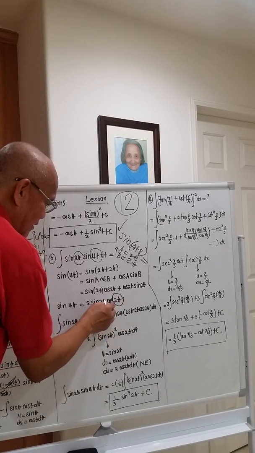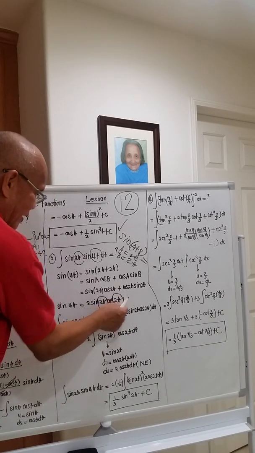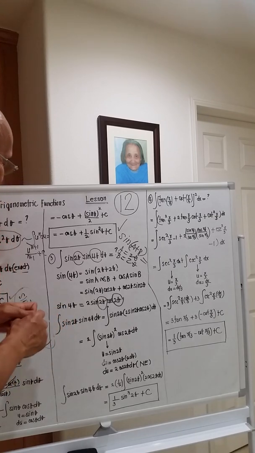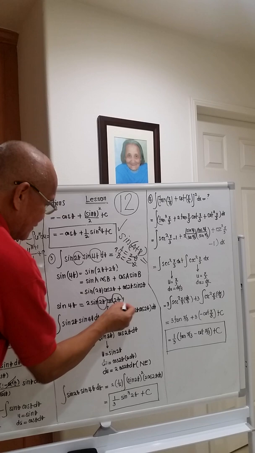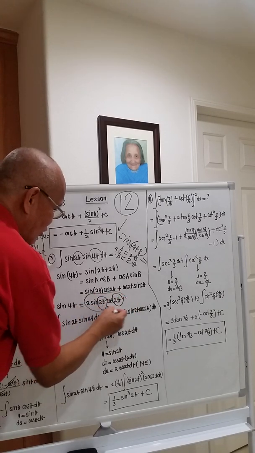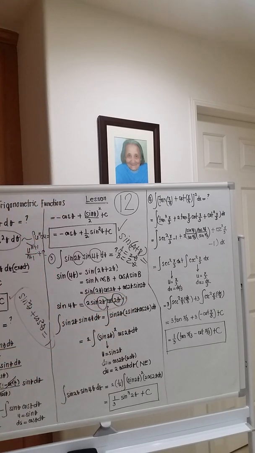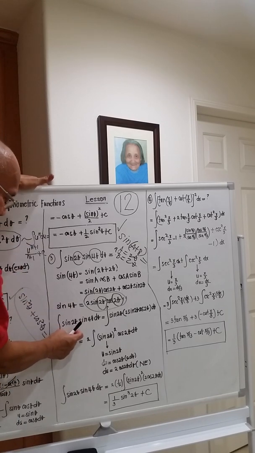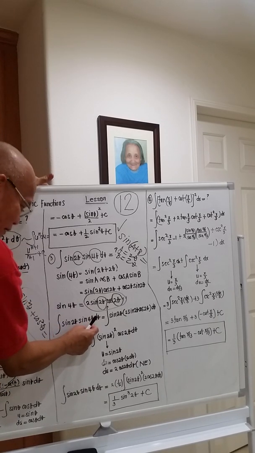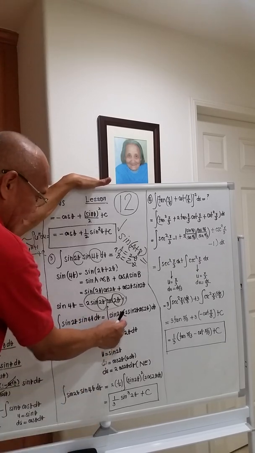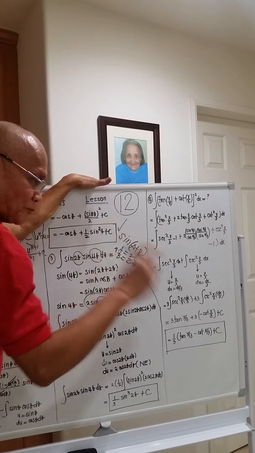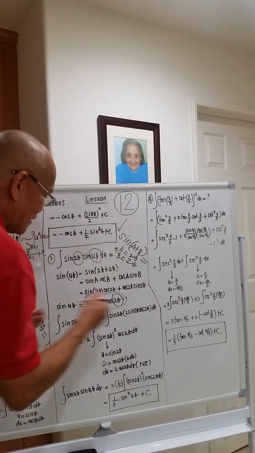As you notice, the angle is now twice theta. So actually, this sine of 4 theta could be replaced by this value here as a function of a double angle. So the integral of sine of 2 theta, sine of 4 theta, differential theta, is sine of 2 theta times the equivalent of sine of 4 theta, which was derived from this.